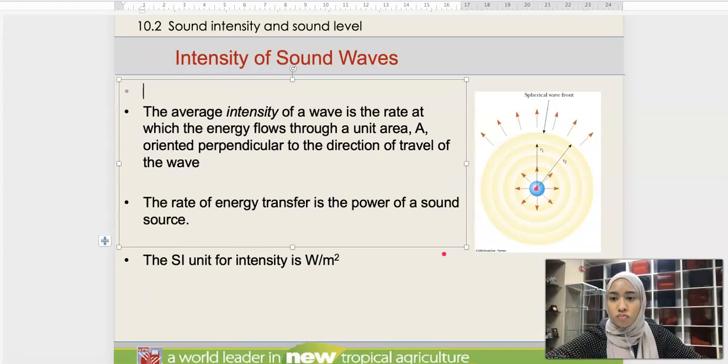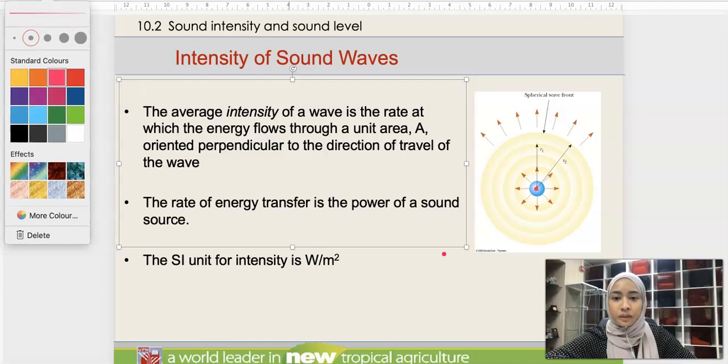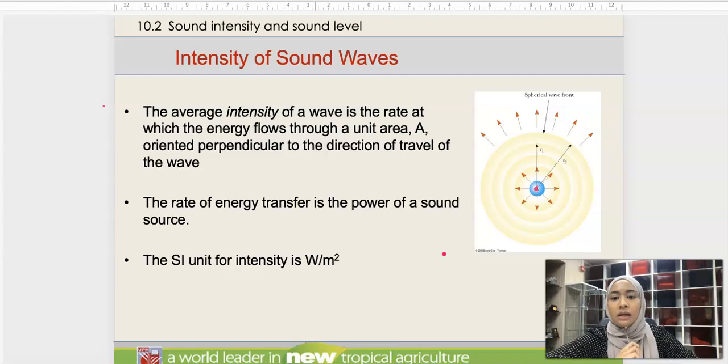Okay, moving on. So this is the intensity of sound waves. Next subtopic. The average intensity of a wave is the rate at which the energy flows. So rate of energy, you already know this by now.